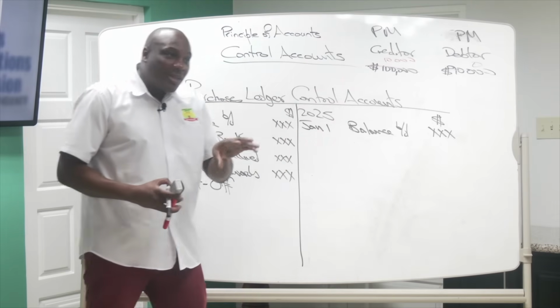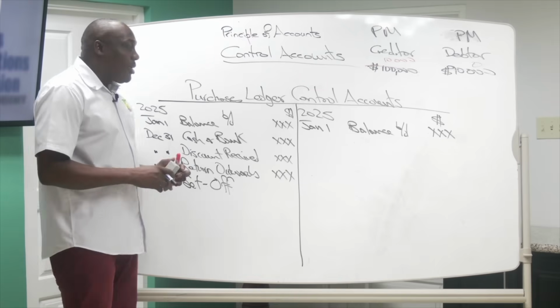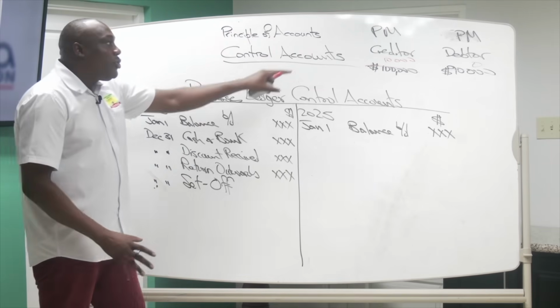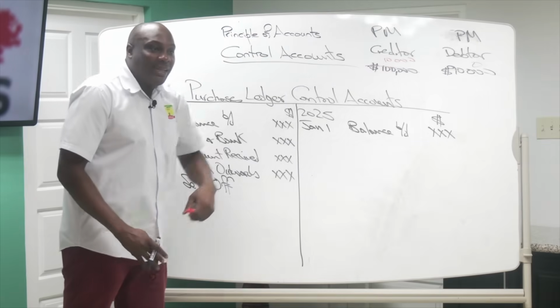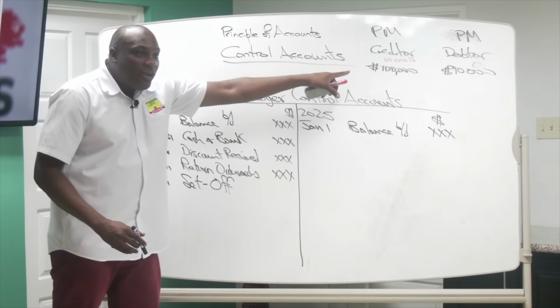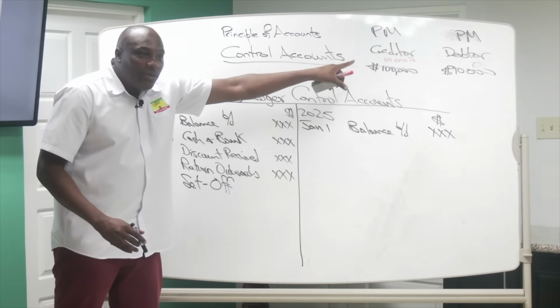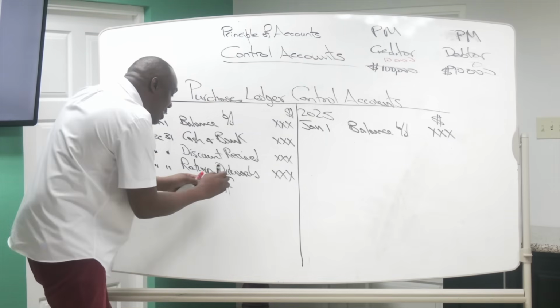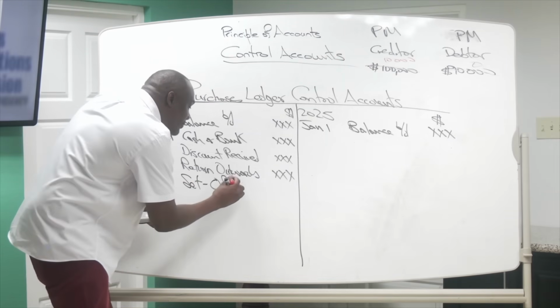For the purchases ledger control account now, students, we're going to realize that the set-off is on the debit side because any debit entry would reduce the credit balance. You get that? And as you can see there, based on the demo that I gave you with regard to the figures, the set-off against the sales ledger is recorded there.